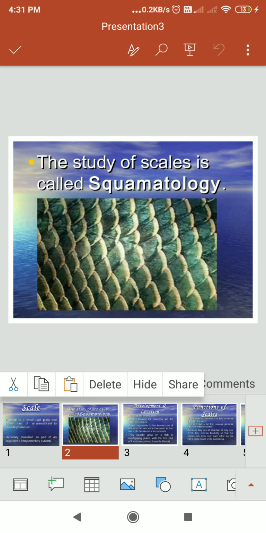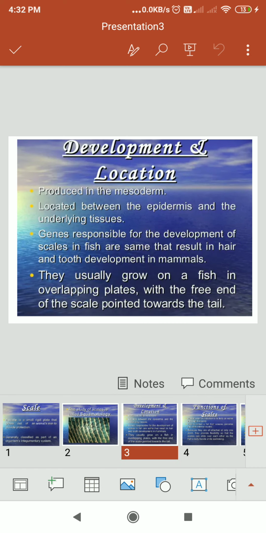Schematology means these scales are found one by one, differently present on their body.